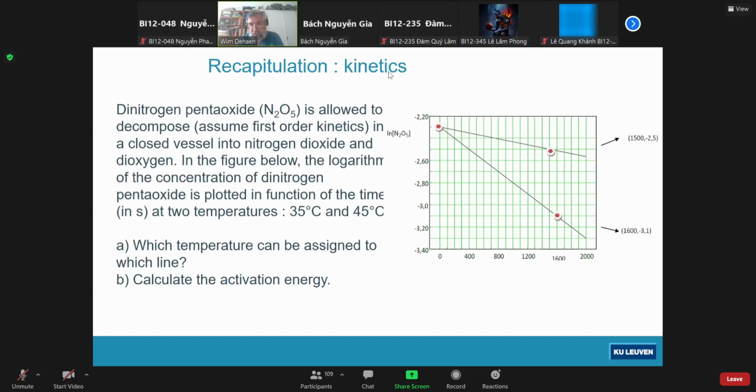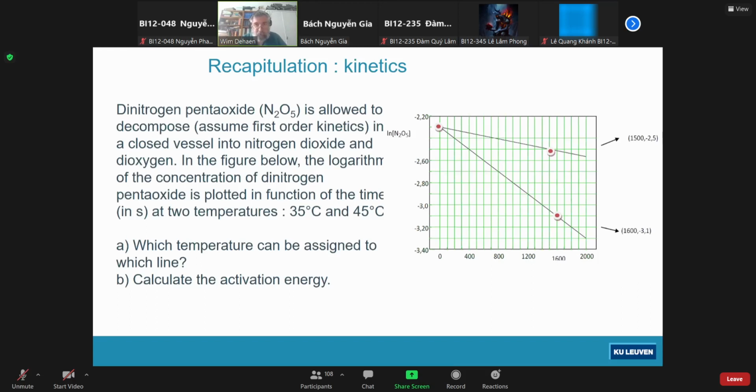The data are in the graph: 1500 and 1600, which is the time, I guess, in seconds. Then you can read off minus 2.5 and minus 3.1 as the logarithm of the concentration. So you need 1500 and minus 2.5 to do the calculations. So you're right, I may have gone a bit fast here.